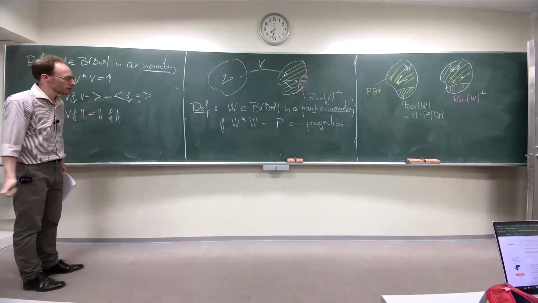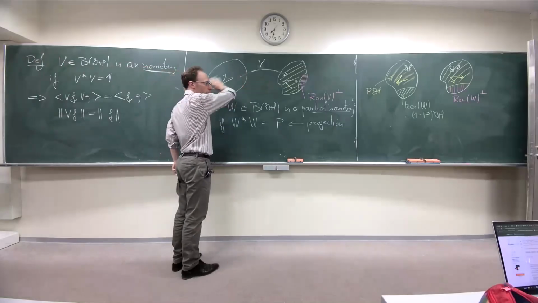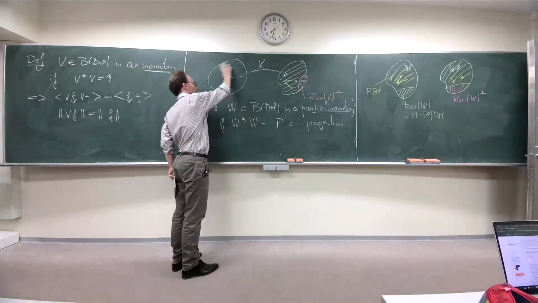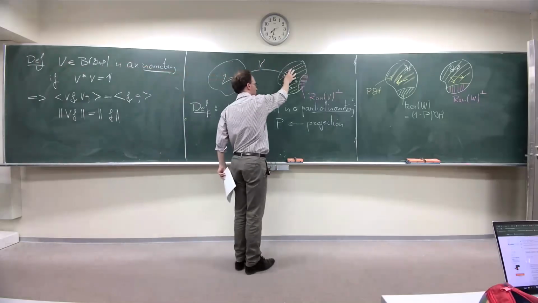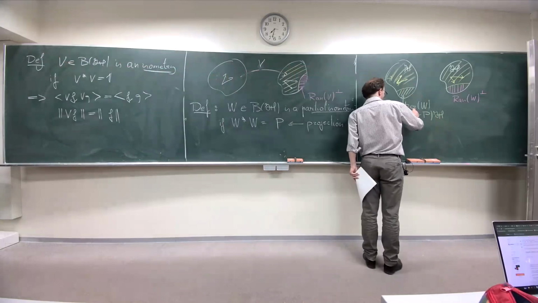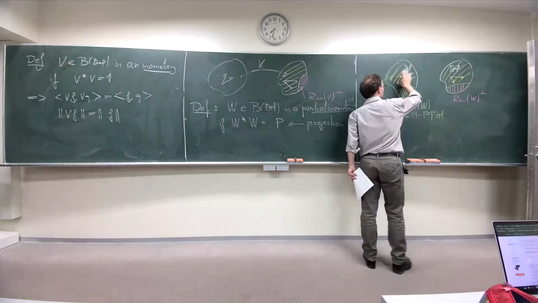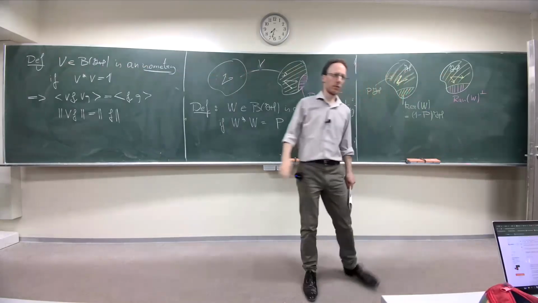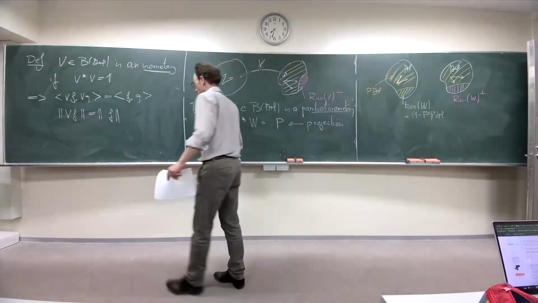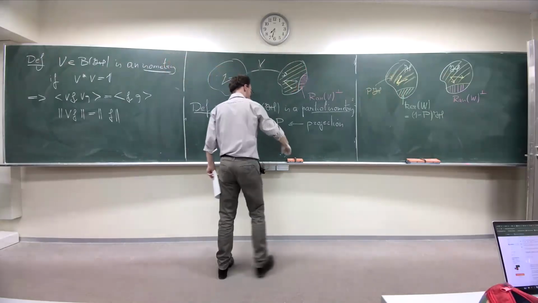You can see the difference between a unitary element and an isometry, which all preserve the angles, but here it's true for any element of H on the image. Here, you may have a kernel, and if you take something which is not in the kernel, you preserve the angle. So unitary, isometry, partial isometry.